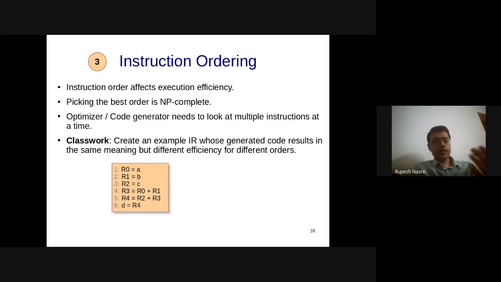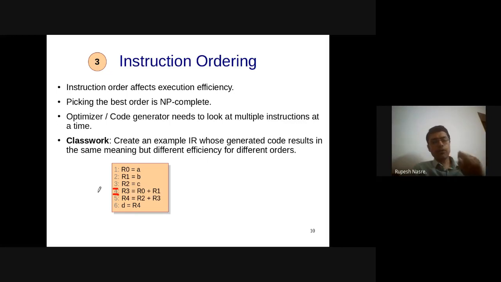In contrast, if I say that I am going to move the use of a variable, or use of a register, closer to its definition, then I will be able to do R0 plus R1 prior to assignment to R2 equal to C, right? So I can reorder instruction number 4 and instruction number 3 without changing the meaning.